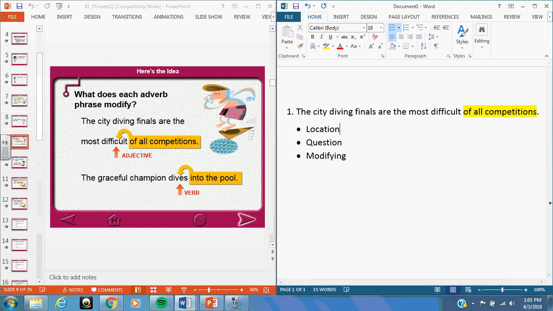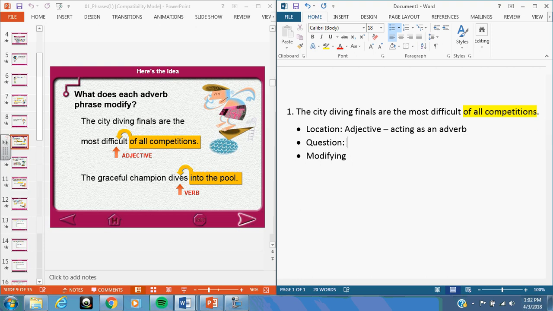Let's take a look at location. Is it right by a noun? No, it's not. It's actually right by an adjective, difficult. So that kind of gives us an indication that it is indeed acting as an adverb. Because we know that adverb phrases will be right next to the adjective that they modify. What question is it answering? I think that you could say extent.